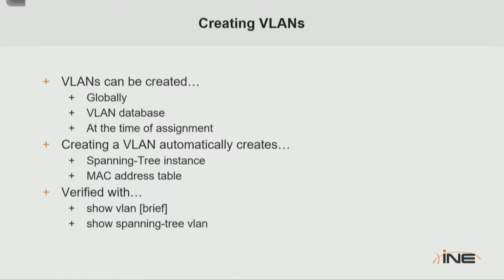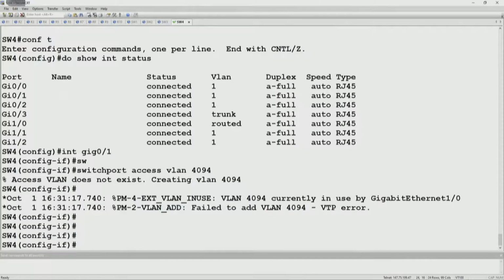Okay, so as we saw, the VLANs can be created globally. They can be created in the VLAN database, or they can be created at the time of assignment, assuming that we are in the VTP server mode. So creating the VLAN starts the spanning tree instance, it starts the MAC address table, and then we can verify this with either the show VLAN brief, or show spanning tree.